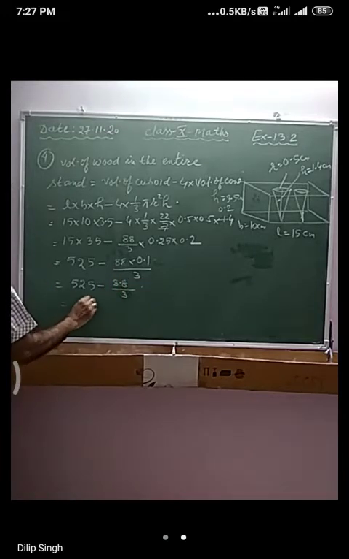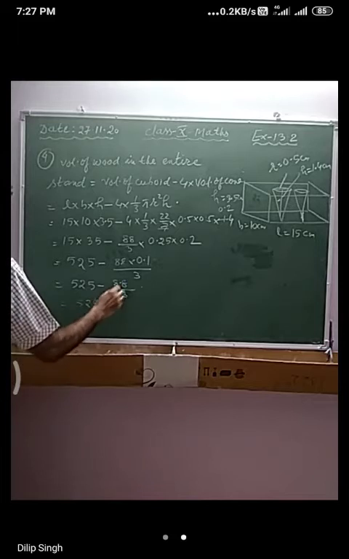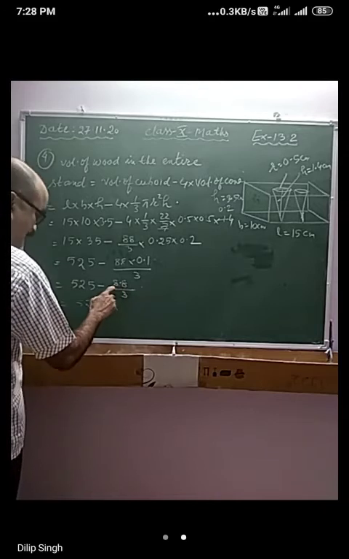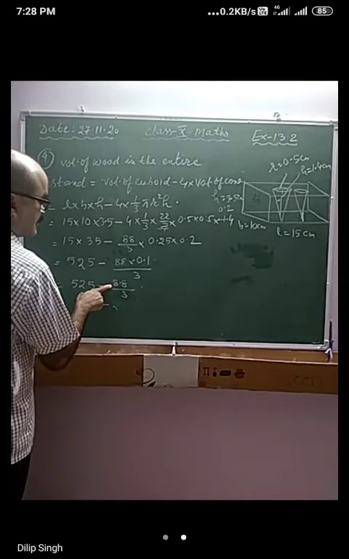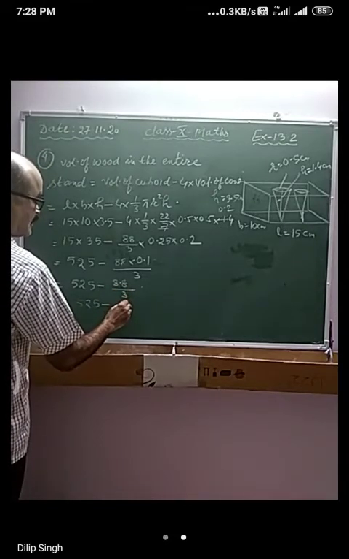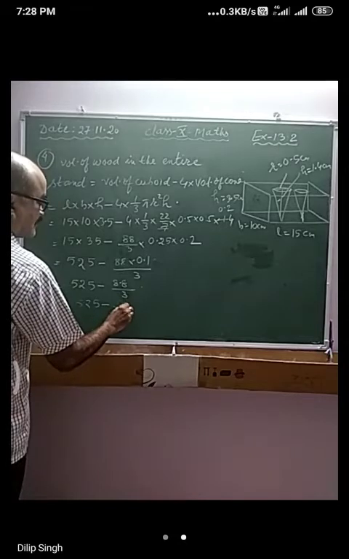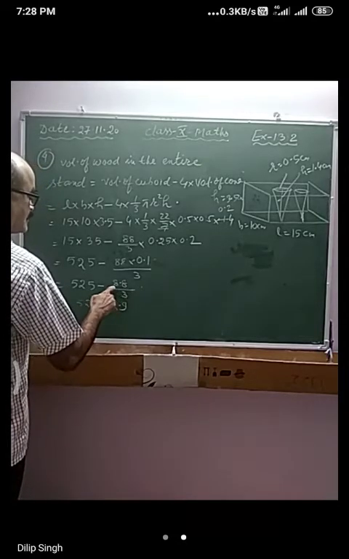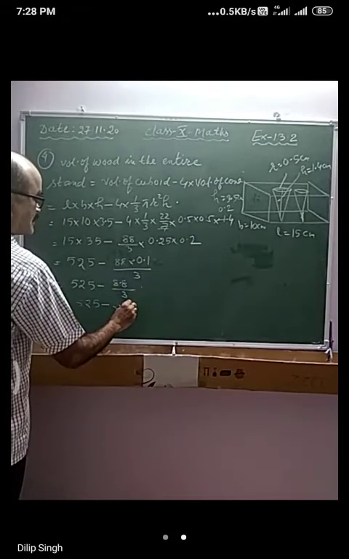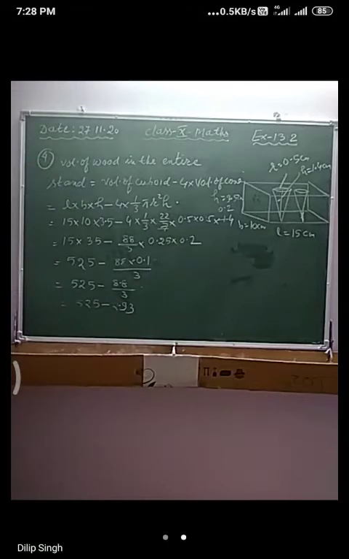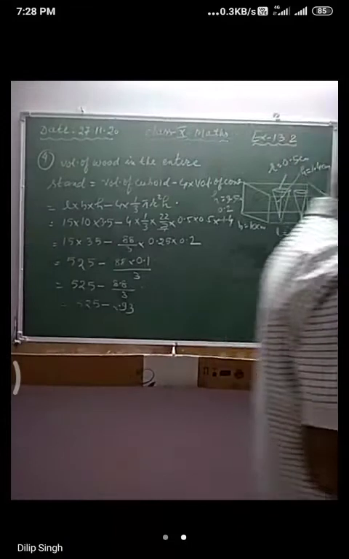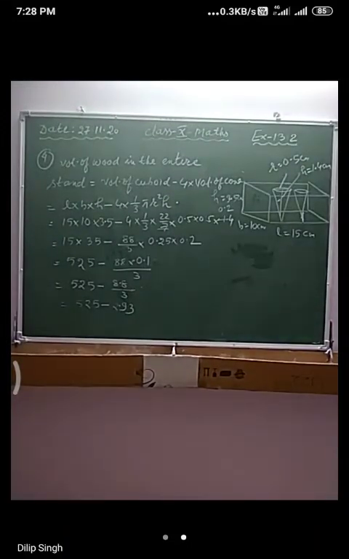So 525 minus, 3 2s are 6, 3 9s are 27, 3 3s are 9, that is 2.93, and when you solve this you will get the answer. In this way you can find out the volume of wood in the entire stand. Please note down.